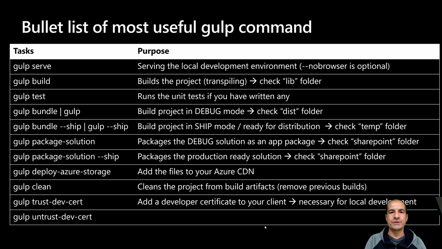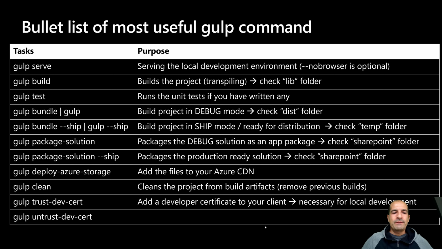With the ship flag, basically you are telling gulp to minimize the JavaScript files and CSS in order to have the best performance possible.